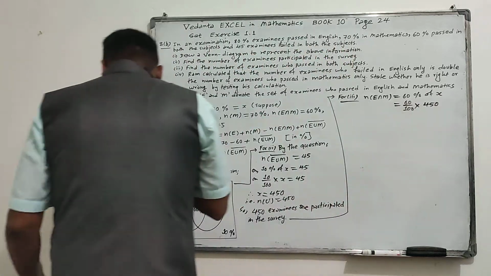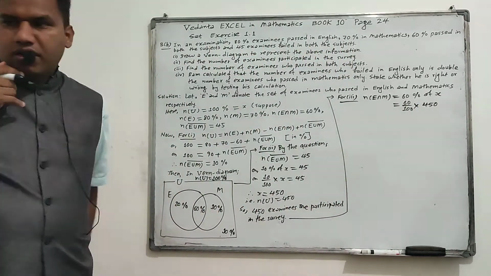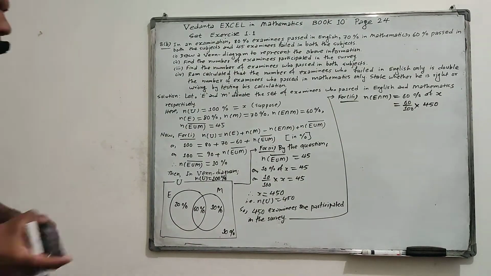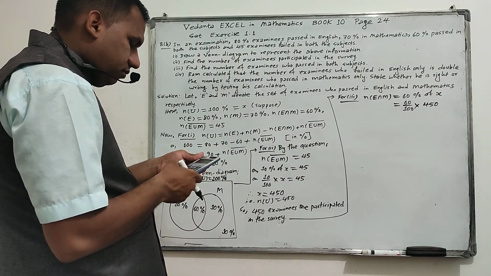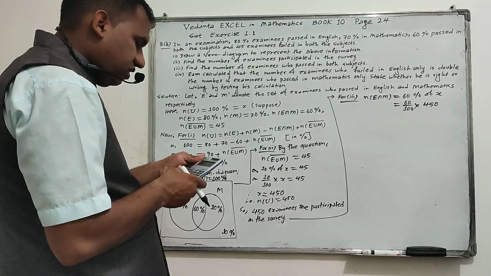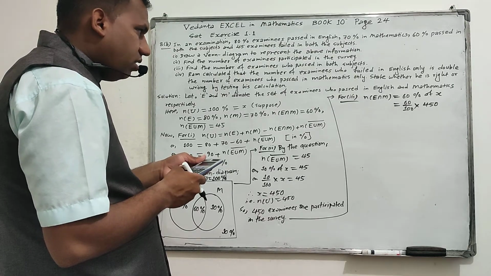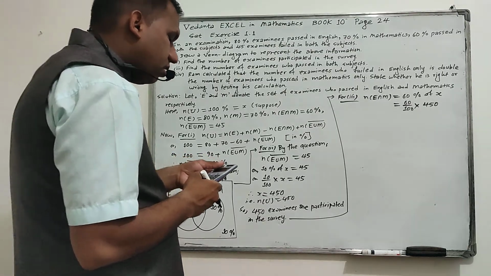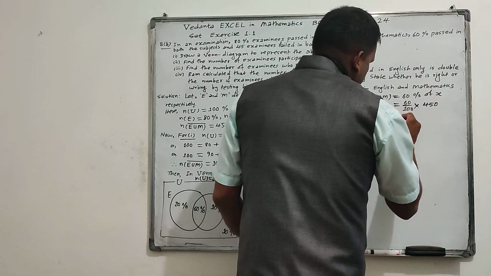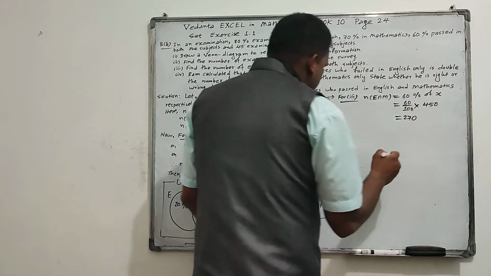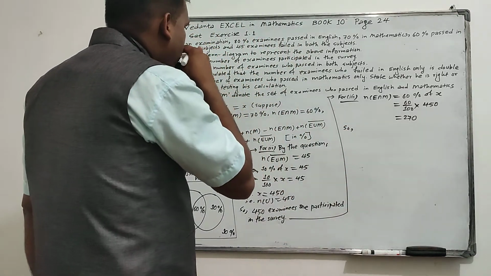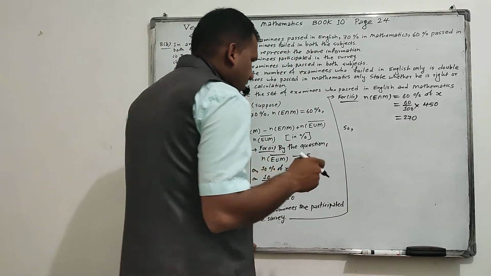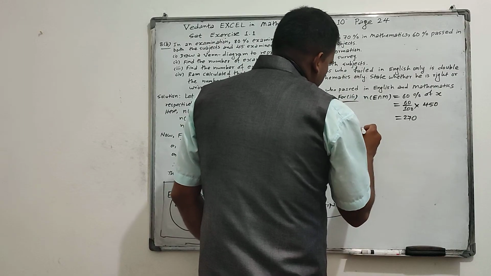Now let us calculate this using a calculator. We get 60 into 450 divided by 100, that is 270. So the number of examinees who pass in both subjects is 270.